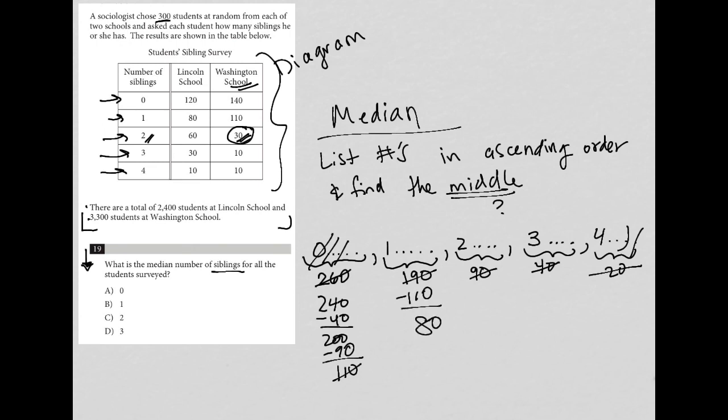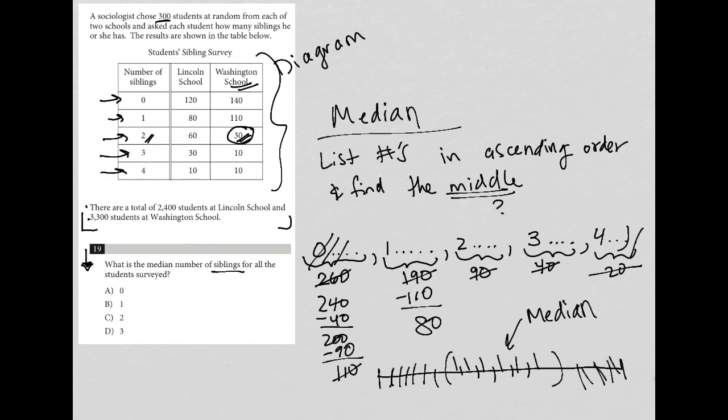Which means I've basically crossed everything out from the ends, and all I have left in the middle are ones. I have 80 of these left over, which means my median number has no choice but to be the number one. That must be the median number of siblings based upon this survey.